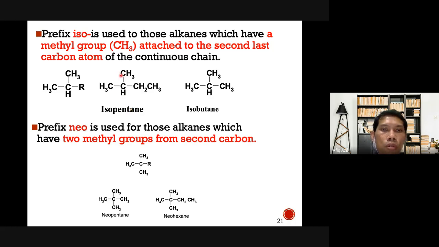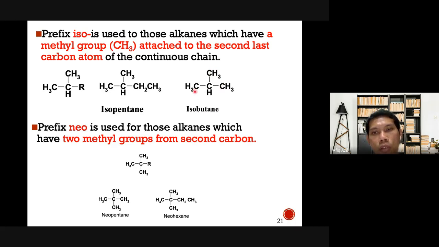If you look over here, on the second last carbon, there is another CH3. There are 5 carbons present, 1, 2, 3, 4, 5, hence the name isopentane. And this one is isobutane, because there are 4 carbons, 1, 2, 3, and 4.